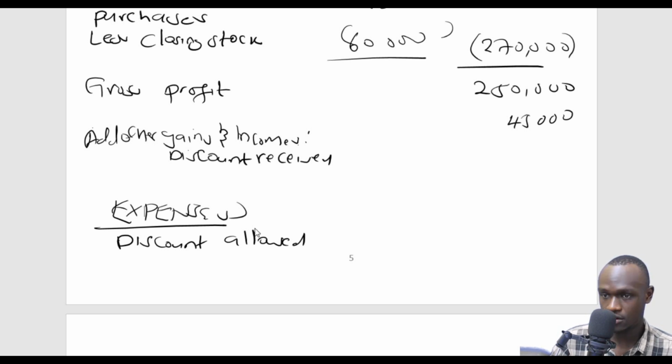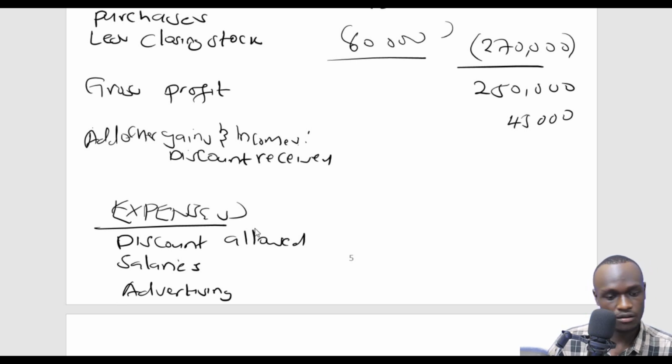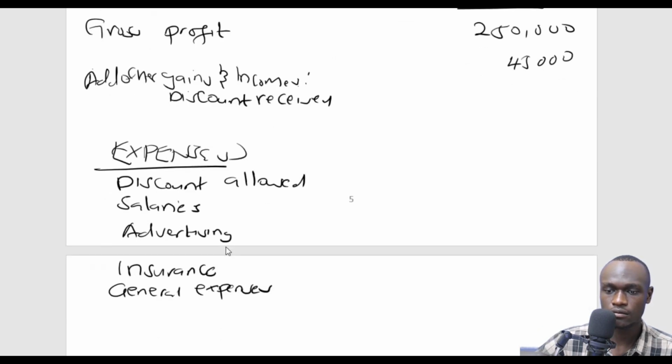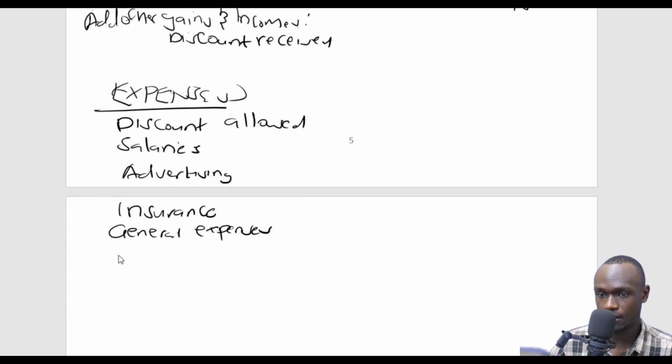We have salaries, advertising, insurance, general expenses, bad debt, rates, and depreciation.